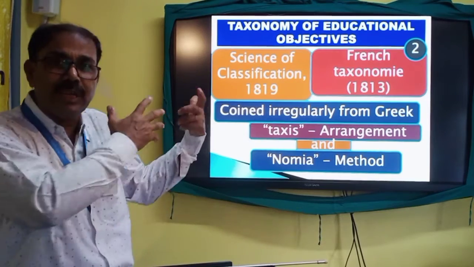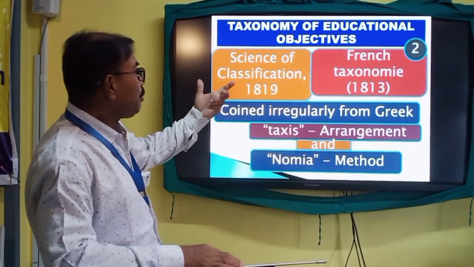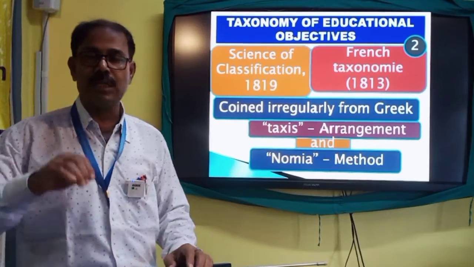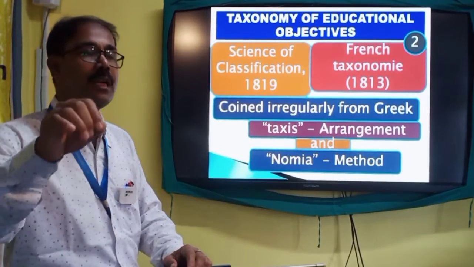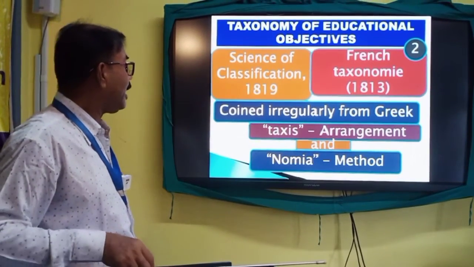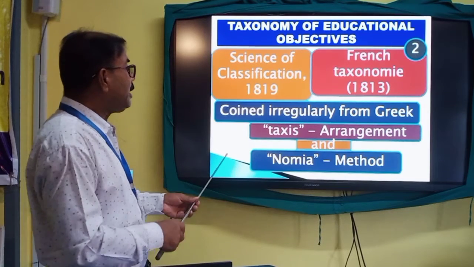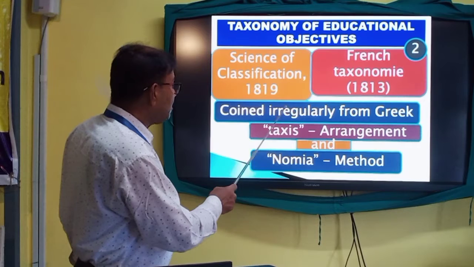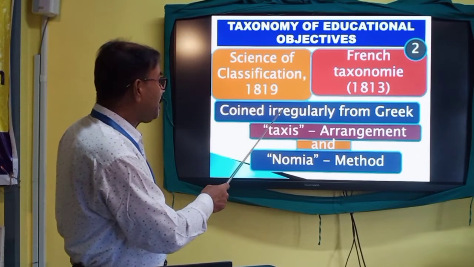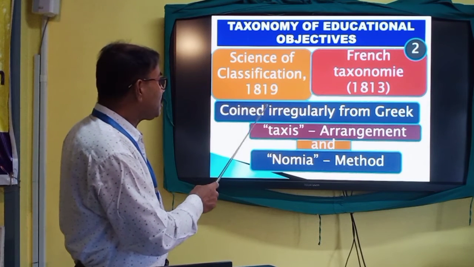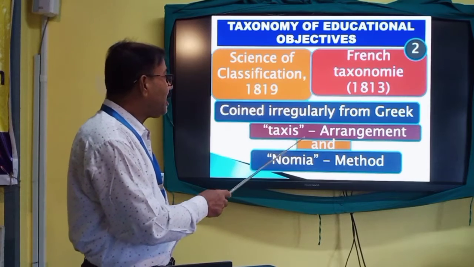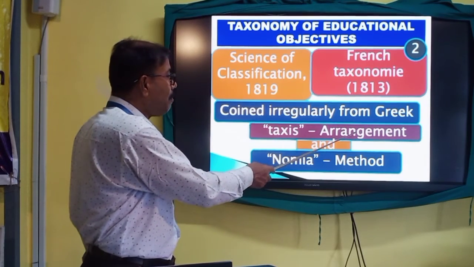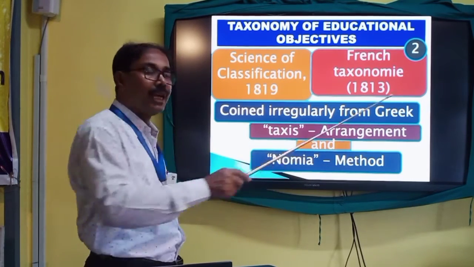By following the explanations of the terminologies, the origin of the Greek terms, we find that it is the science of arrangement of the educational objectives, or the science with the help of which we can arrange the educational objectives methodologically.